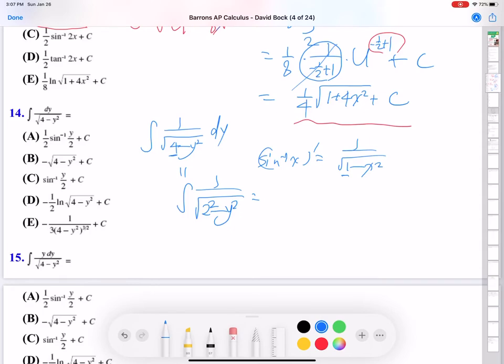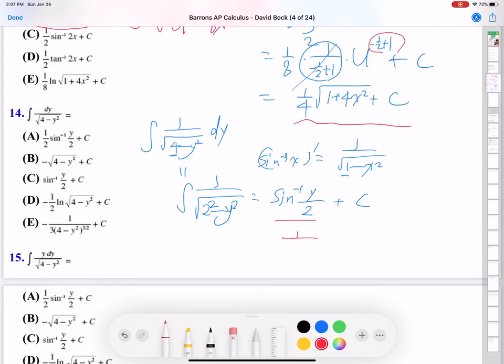This is actually sine inverse, right? It is the form square root of a squared minus y squared, so it is sine inverse of y over a, where a is 2, plus c. What about checking your answers? The derivative of this part is what? It is a chain, right?